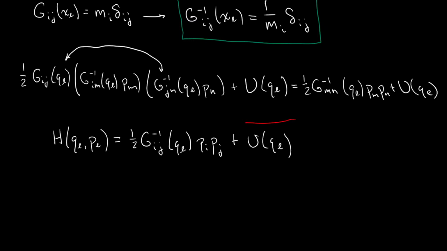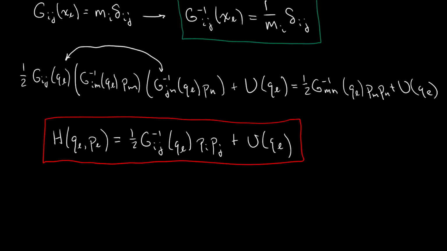This here, when I express my energy in terms of p's and q's only, so no q dots, no p dots, no anything like that, this is known as the Hamiltonian. And from this expression is what we'll use to get all of our equations of motion.